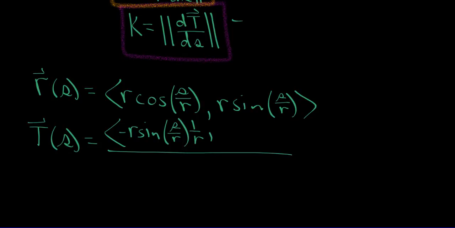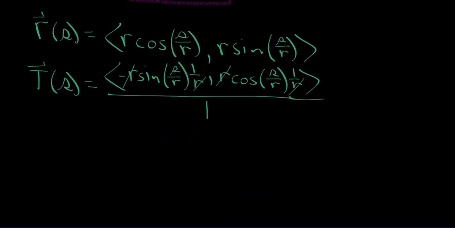S over R, 1 over R times S is just 1 over R. Same thing over here: I've got R cosine S over R, and this is 1 over R. Okay, now there's the derivative. Now I've got to divide by the magnitude of the derivative. Now, look at this. These R's cancel, thankfully, right? So what is the magnitude of this bad boy? Is it just 1? Yeah, okay, it's just 1.